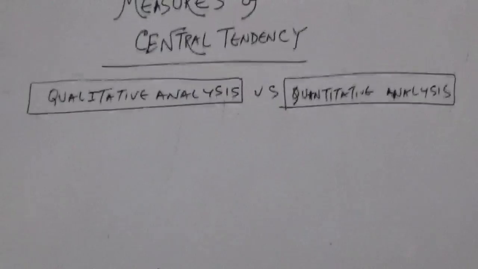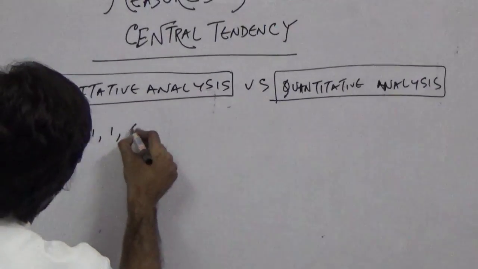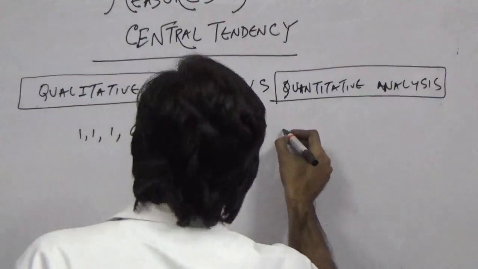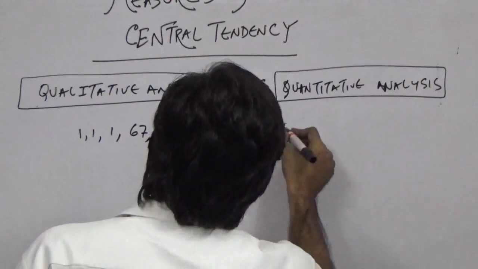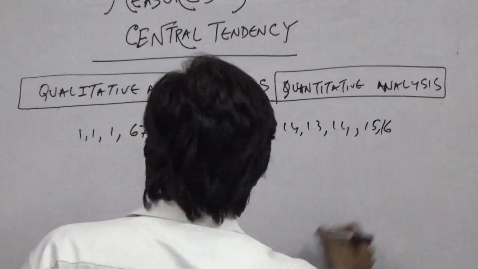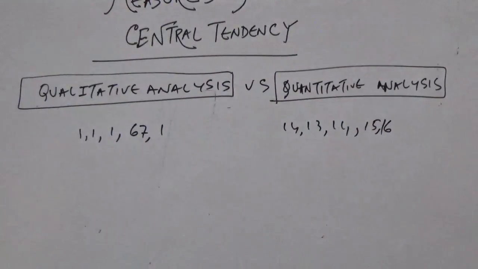If I tell you 1, 1, 1, 67, 1, and another one is 14, 13, 14, 15, 16. Which one is the better player?